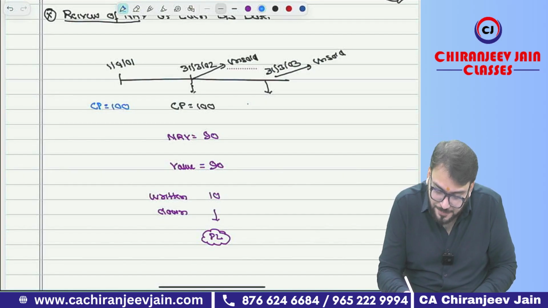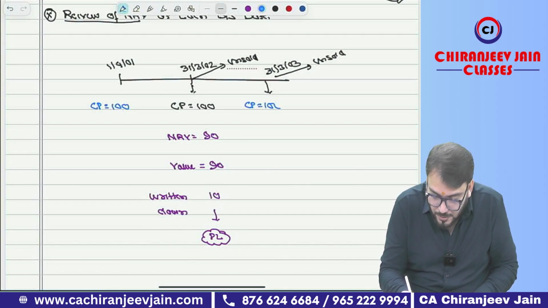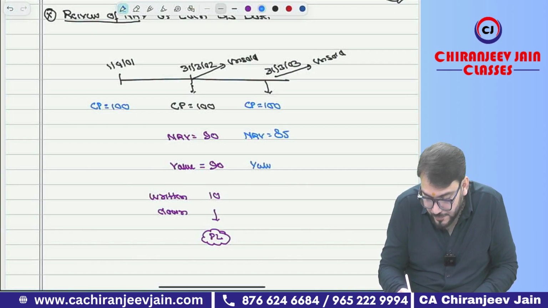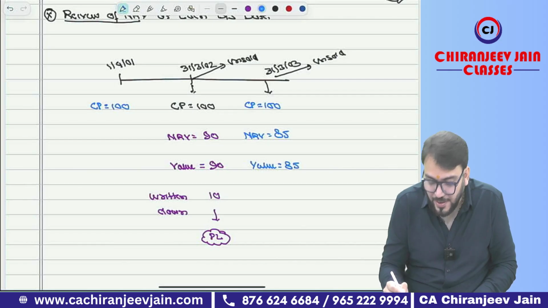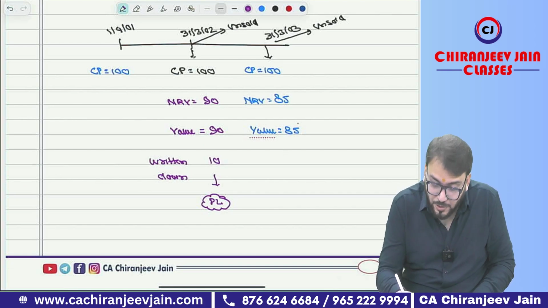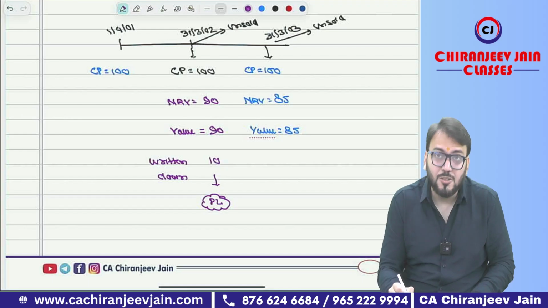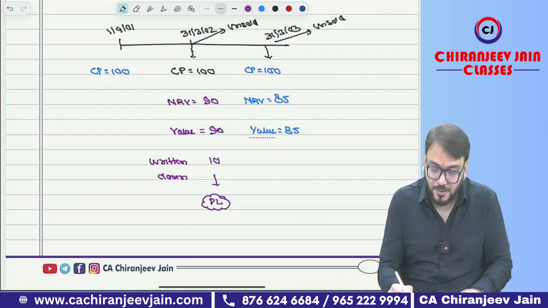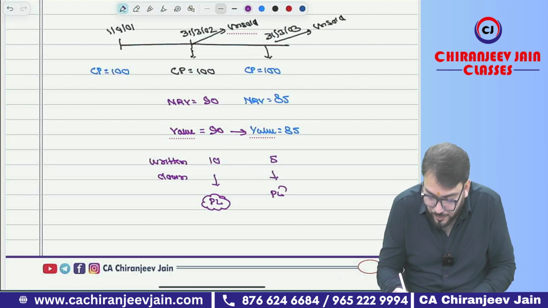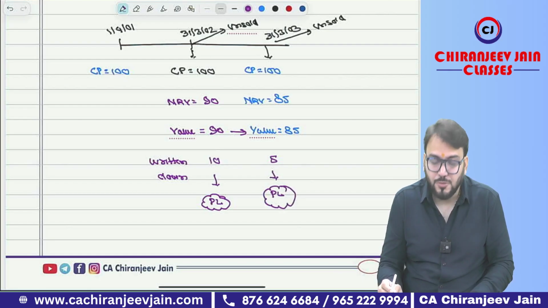Your cost price remains the same, but let's say NRV becomes 85. So now your value is 85. So again, how much do you write down? Not 15. Out of 15, in the previous year you have already written down 10. So now 90 becomes 85. So the write down is 5 and that will also be charged to the PL account.